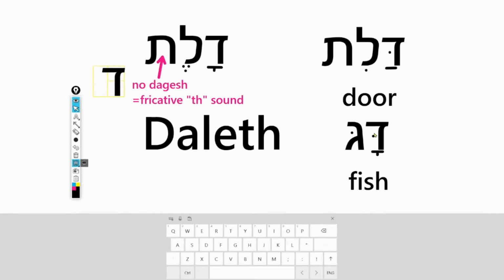And here we have a Daleth with the dagesh, and also a Gimmel with a dagesh. So it would be hard D, duh, and hard G, guh. And it is underlined by a kamatz. So that is the ah sound.